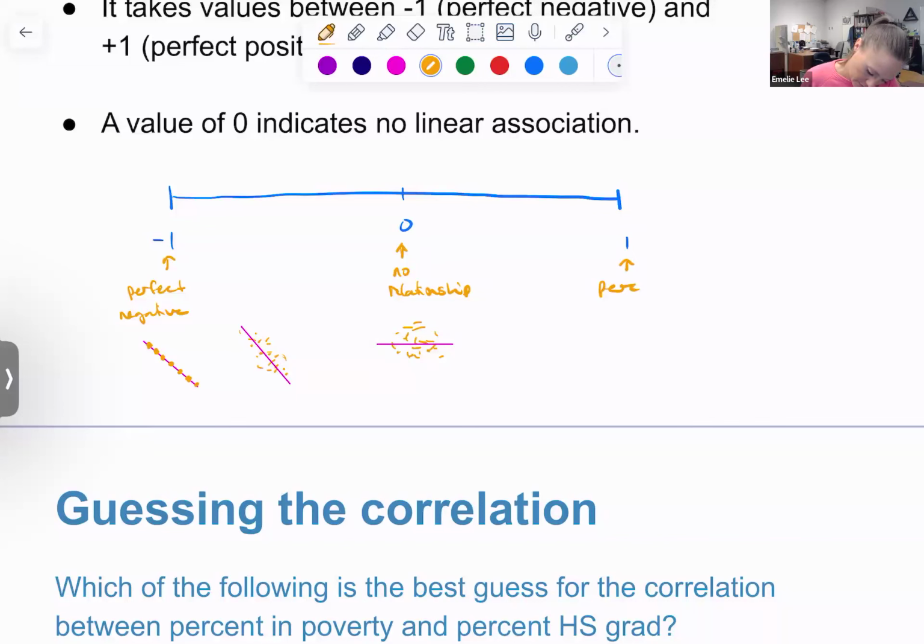What about a perfect positive relationship? Well, that would look like this. I'm going to draw my line first. Has to be positive. And if it's perfect, all the points are exactly on that line. And then the wiggle room is here.